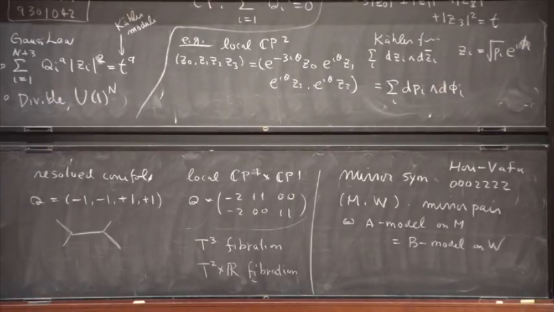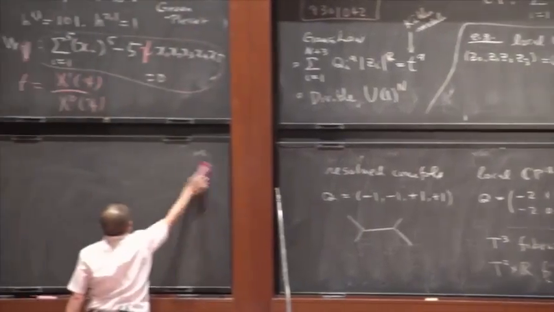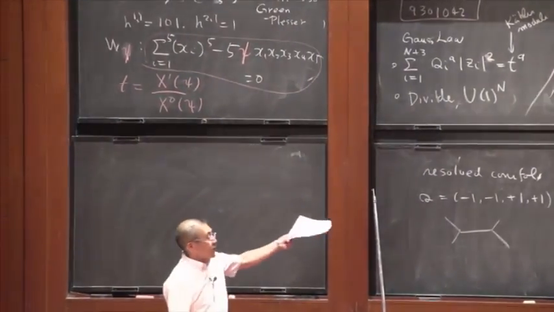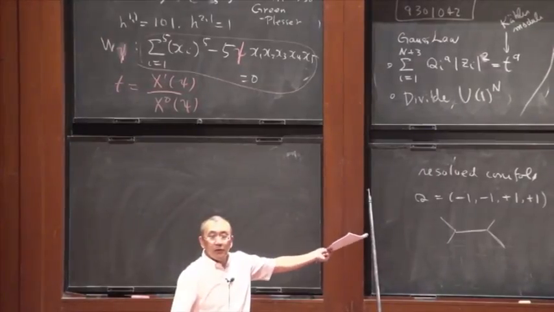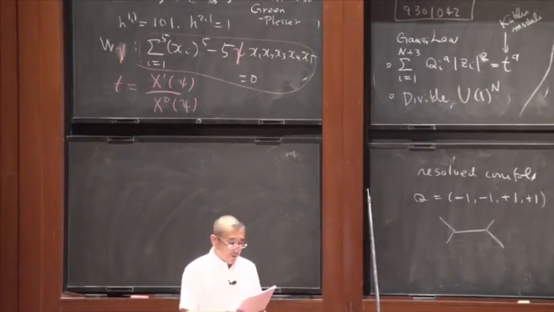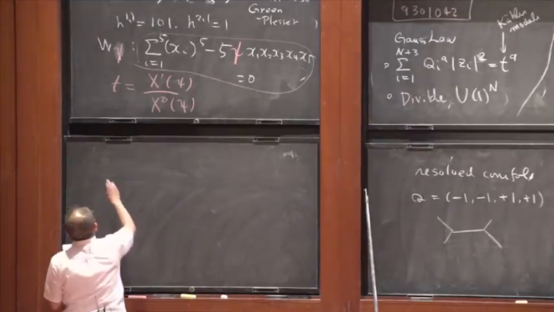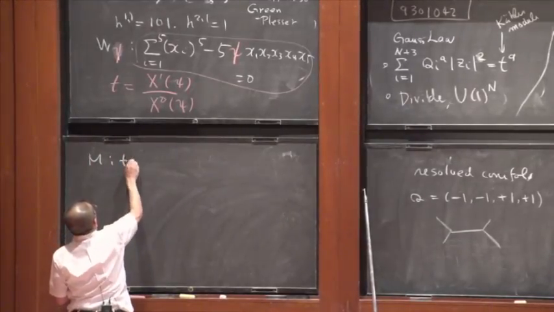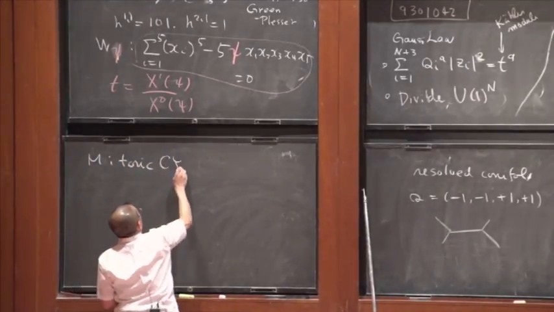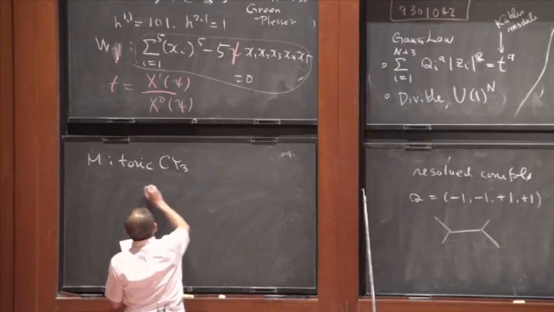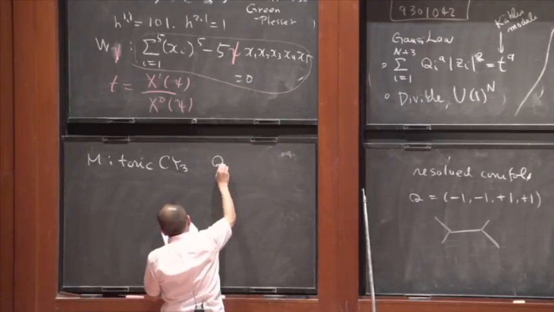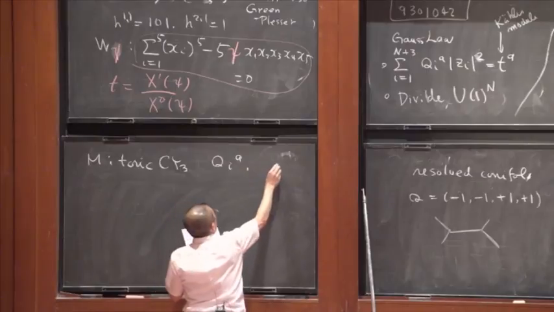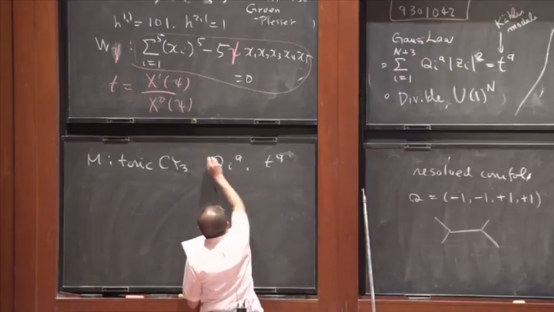So the idea of Hori and Vafa is that now, thanks to the translation by Witten, you can describe the sigma model with toric Calabi-Yau using the language of the linear sigma model. So suppose M is given as a toric Calabi-Yau with charge Q_i^a and scalar moduli t_a.